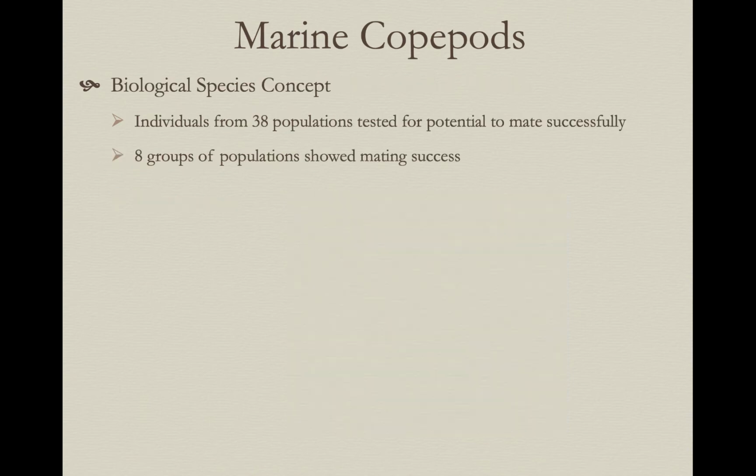species. But if you look at the biological species concept, and here I'm taking a little bit of leeway with the potential to interbreed in natural populations, if you take individuals from 38 populations and test them for the potential to mate, you see that you have 8 groups of populations that do show the potential of mating success, but they can't breed across these 8 groups.